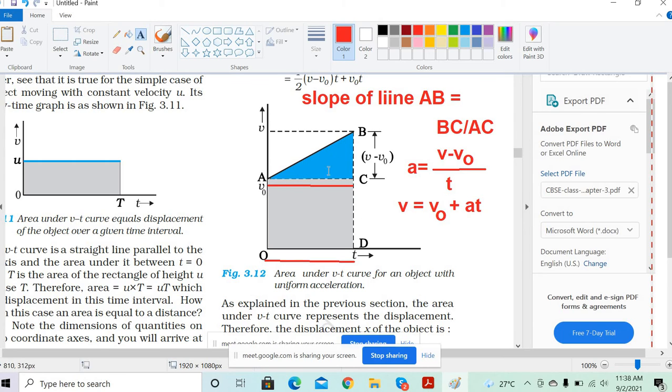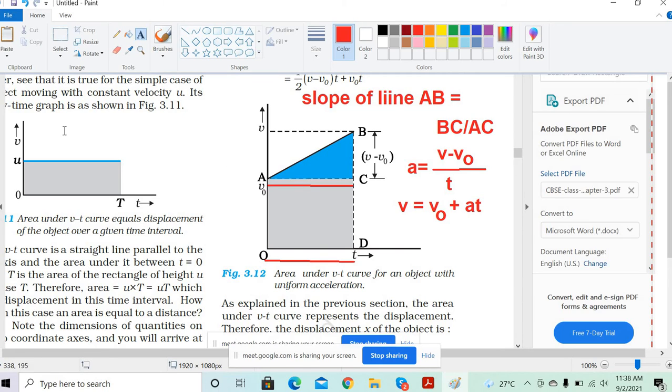Okay, and then when you find the total distance traveled between 0 to t, you find the area of this shaded region. The gray region plus the blue region will give you the total distance traveled, isn't it? Basically ACOD is a rectangle, right? So V0 into T will give you this area.